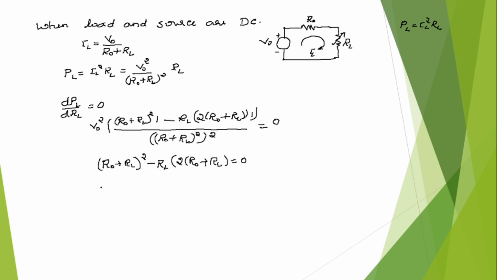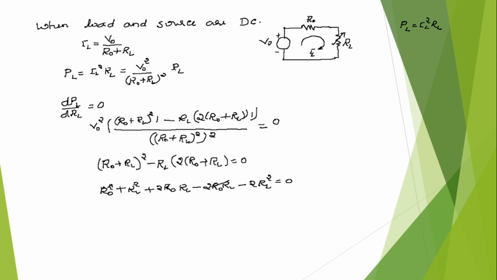If I expand this, (A plus B) whole square, R0 square plus RL square plus 2 R0 RL, minus 2 R0 RL minus 2 RL square equals 0.